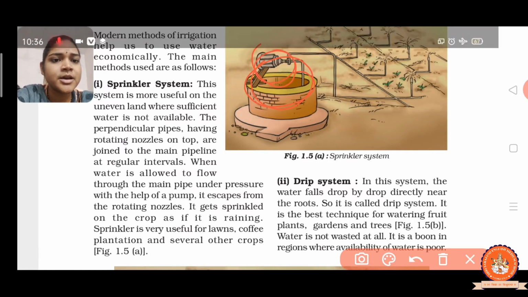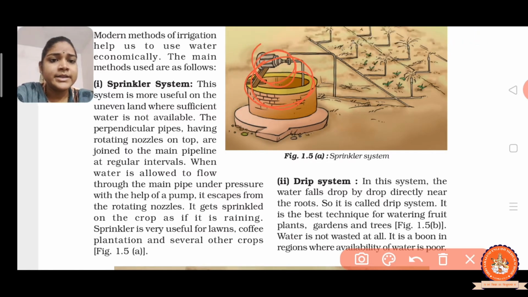So this is the pump, and the nozzle rotates and sprinkles water on the crop as if it is raining, right? So when it is sprayed on the crop, it looks like rain.